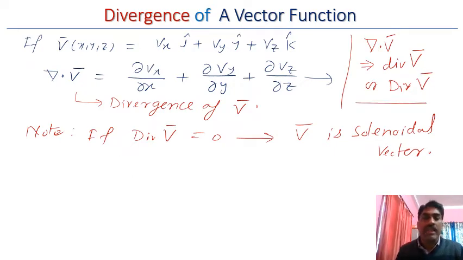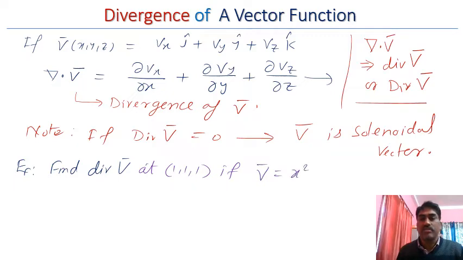Let us take an example. Find divergence V at (1, 1, 1) if V = x squared i + xy j + xyz k. This is the vector V and we need to find the divergence.